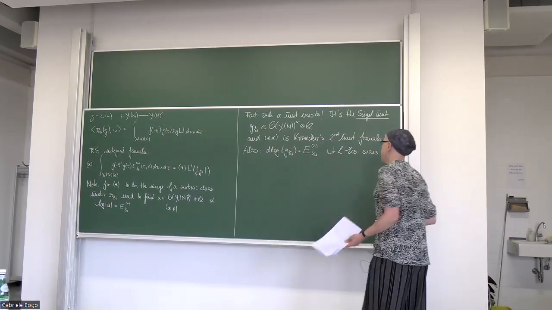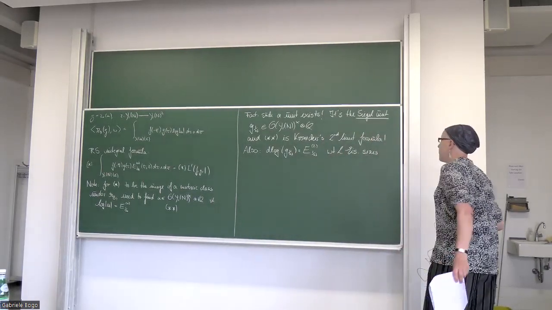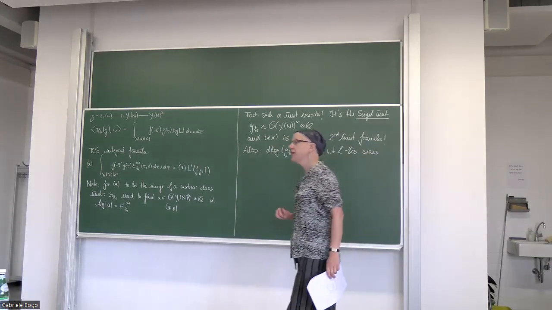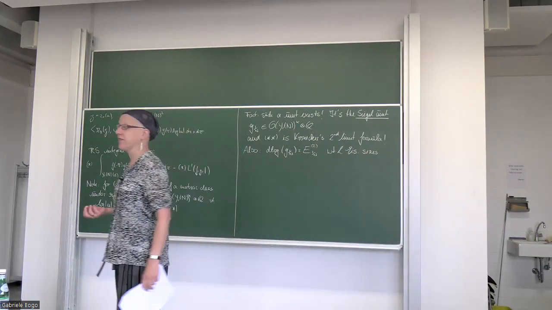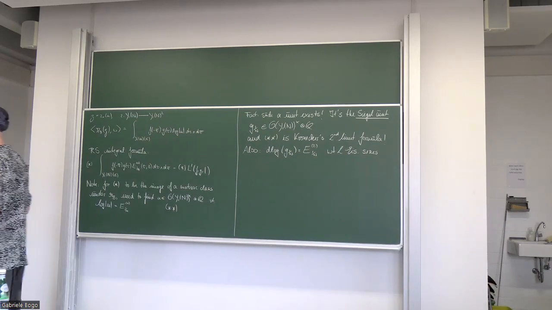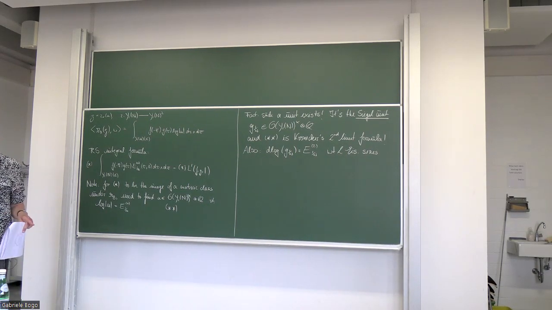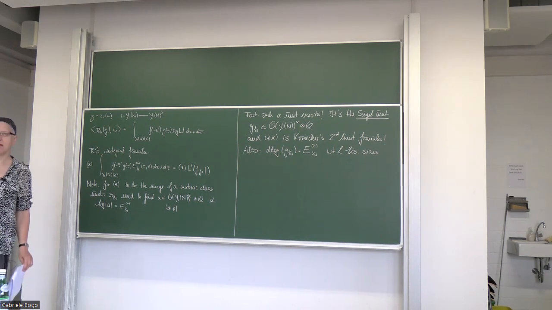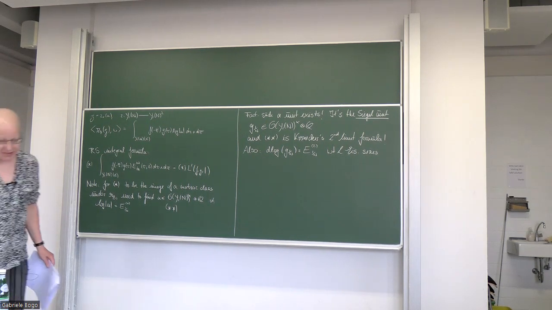In some sense, one should think of Siegel units as cohomological incarnations of GL2 Eisenstein series. It turns out that Siegel units are basically the building blocks for all the Euler systems we know so far. Well, that was true until recently.